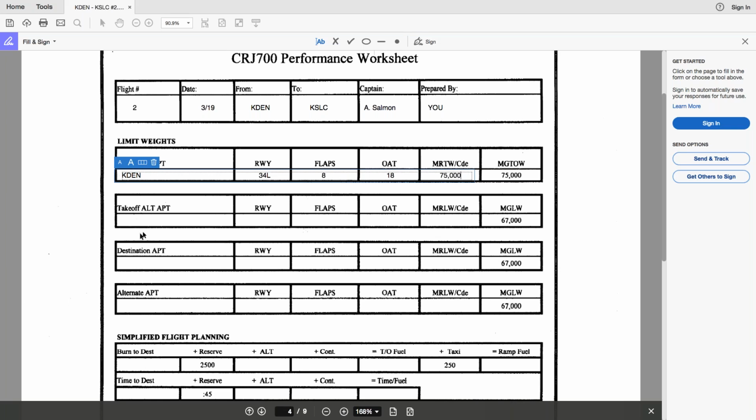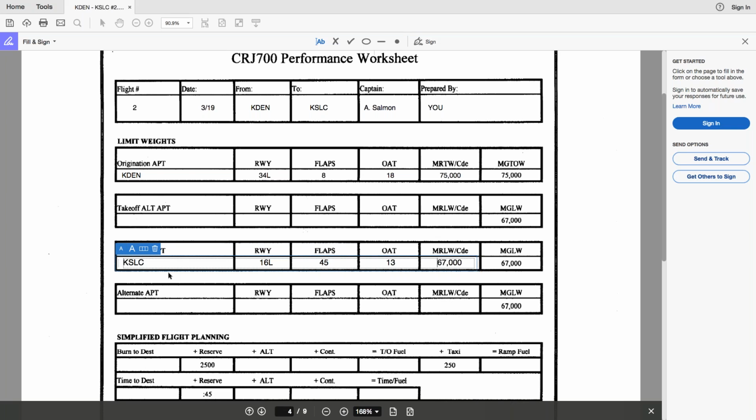Didn't have a takeoff alternate, but we do have a destination airport, and that is KSLC. And our runway, 16 minutes. Flaps at landing, 45. Outside air temperature, 13. And what do we put in for the MRLW? 67,000. Okay, what does that stand for? Max something landing weight.